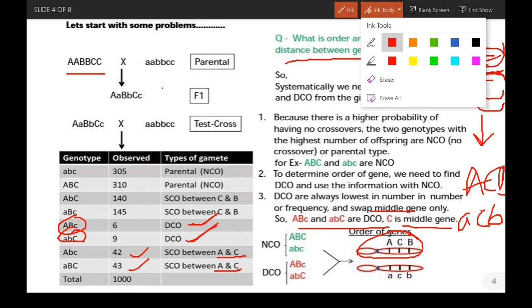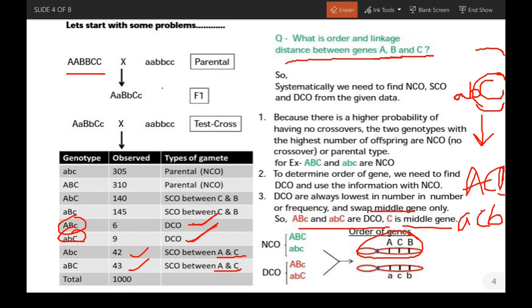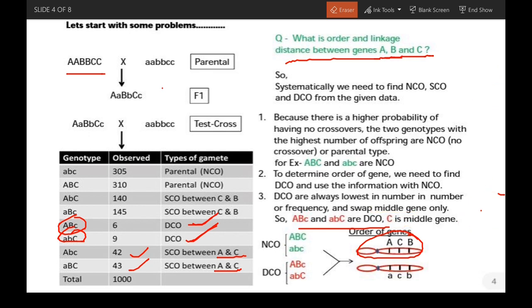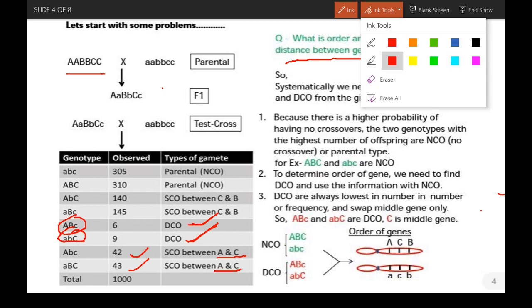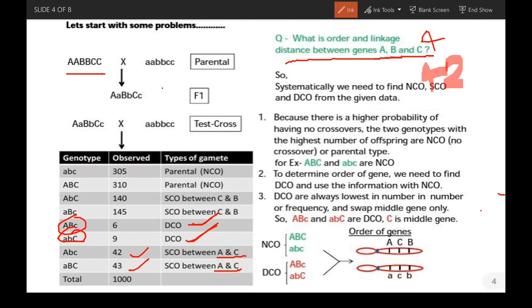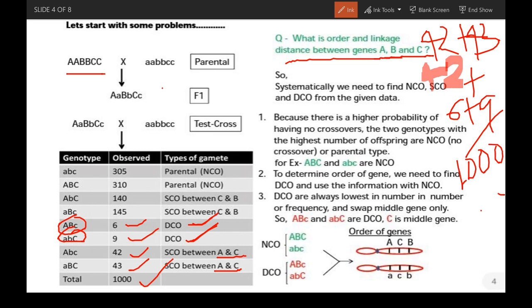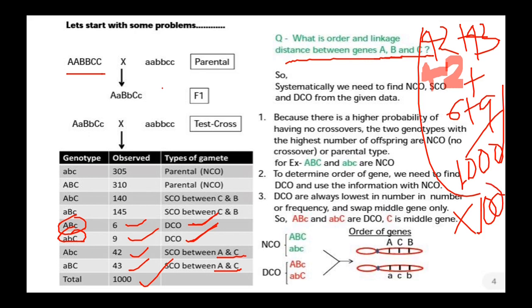So what we have to do is add 42 plus 43 plus the double crossover numbers. The double crossover numbers are of course 6 plus 9, divided by the total number of offspring, that is 1000, right? And this total into 100. Let's see that again in the next slide.